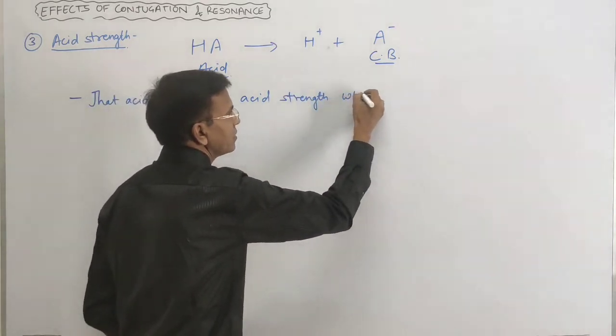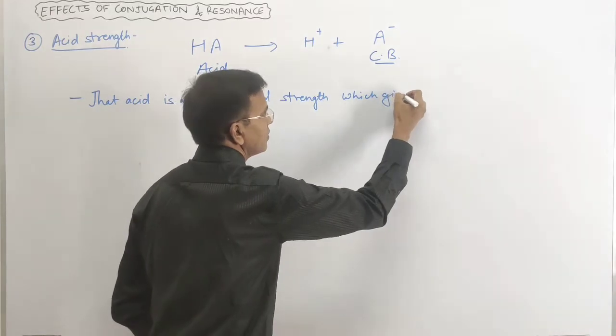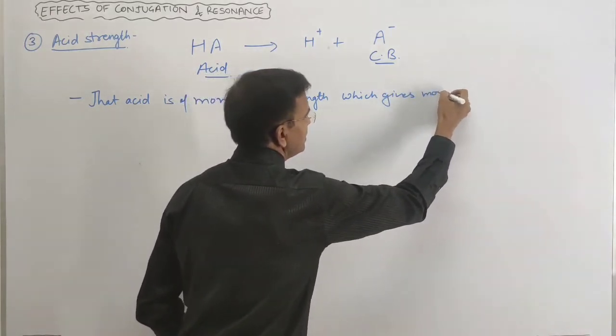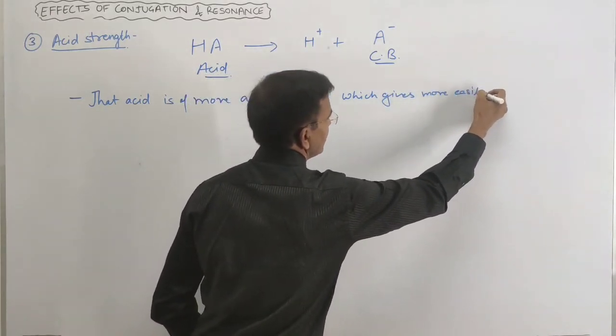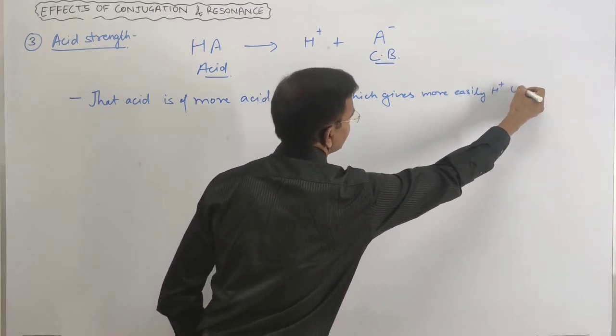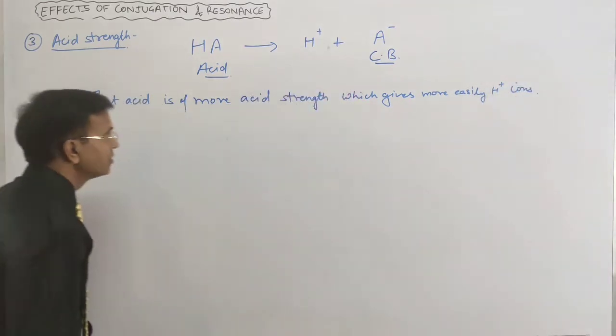which gives H positive ions more easily, right?